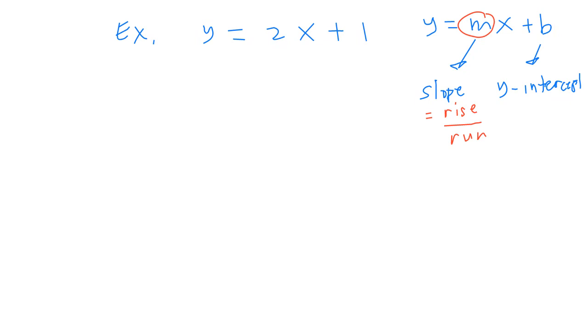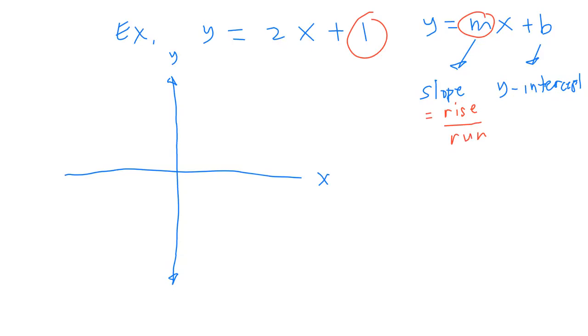So let's plot the points. Our first point actually is the y-intercept. That's the first step, looking for the intercepts. So you have y here, and then you have your x here. Actually 1 is our b here, which is our y-intercept.